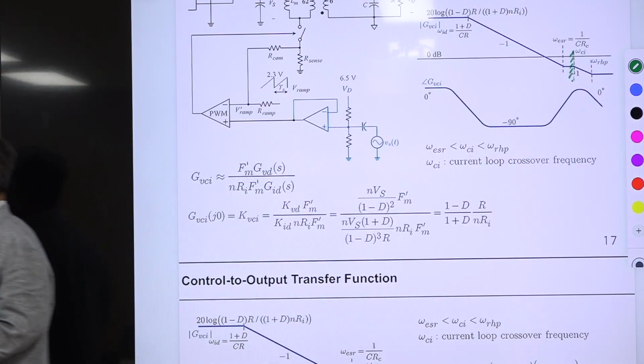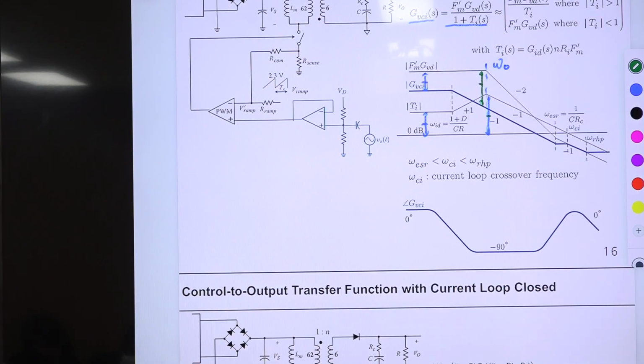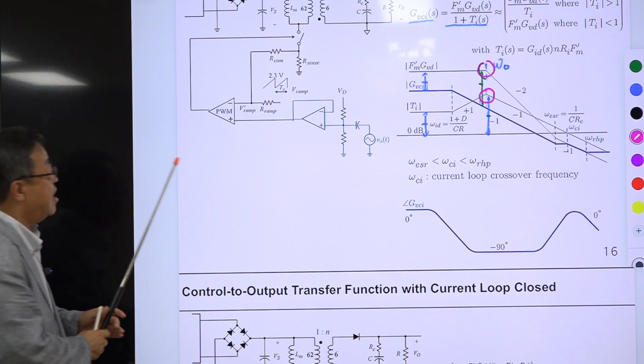And one important observation here is there is a peaking. There is a second order feature here, but this one has also second order feature. So the second order features are cancelled.